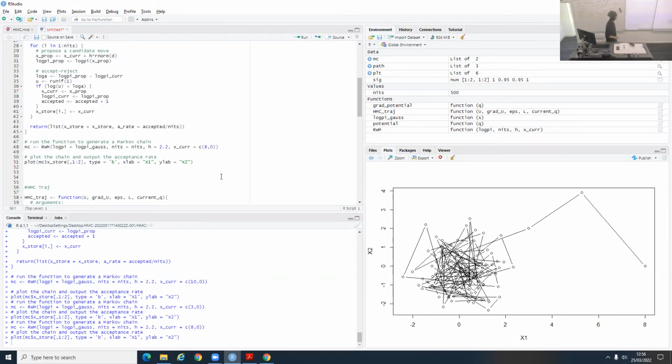This is the generated output of this 2D random walk Metropolis algorithm, starting point being 10. Okay, so this is our starting point. We want to sample from a two-dimensional normal distribution, right?